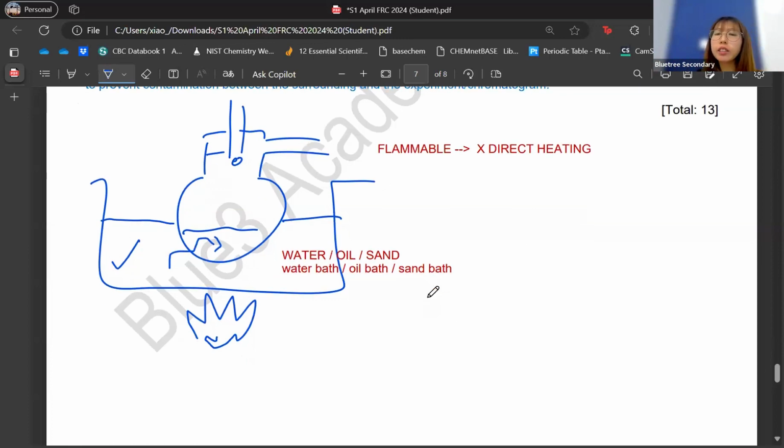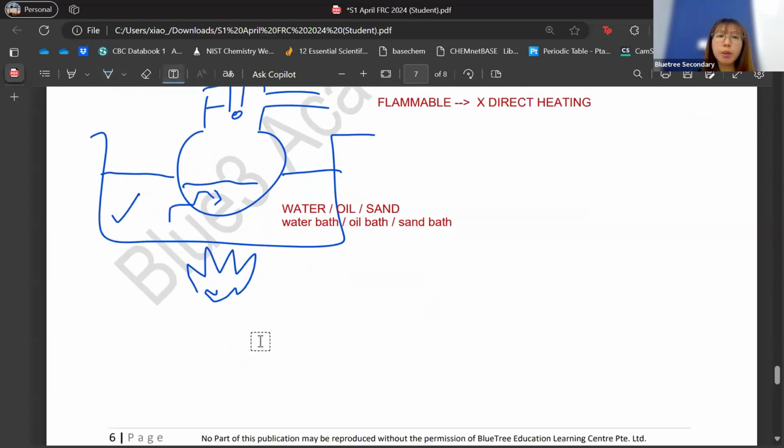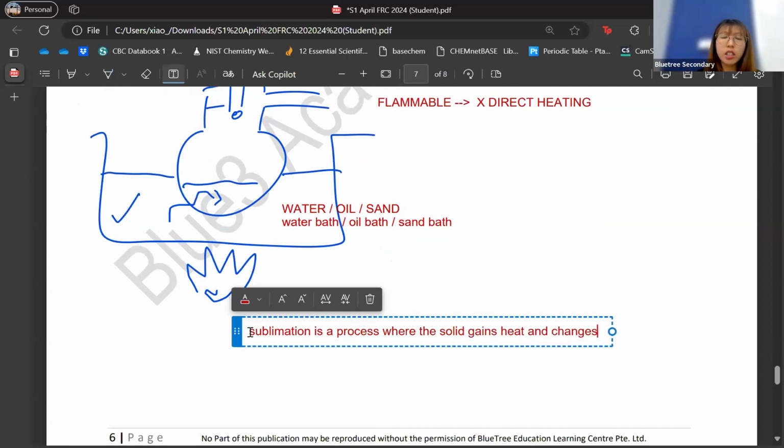Okay, to the last question, likewise from Anne: what is sublimation? Sublimation is very important. Sublimation is a process where the solid gains heat and changes directly, keyword, into a gas.